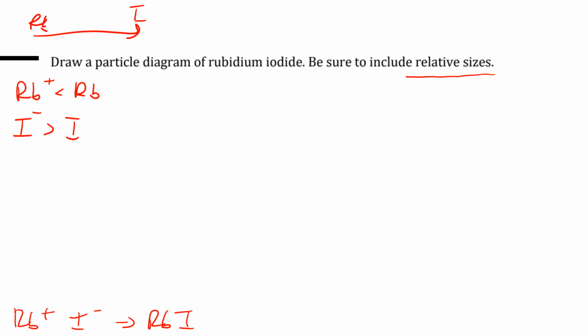You need alternating plus and minus ions, and you have to make sure that the relative sizes are there.